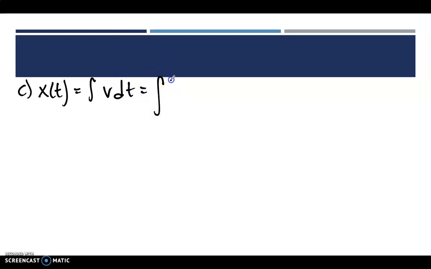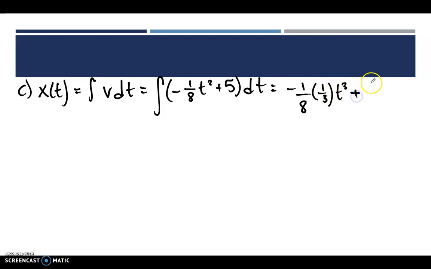Okay, so the integral of negative 1/8 t squared plus 5 dt, which is going to be negative 1/8 times 1/3 t to the third plus 5t plus c2.